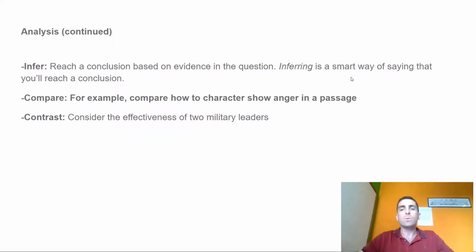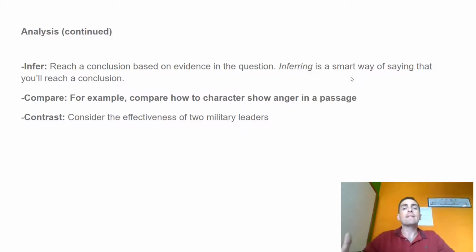Okay, analysis continued. Inference questions, inferring information. Inferring is a smart way of saying that you reach a conclusion. So if you have to make an inference on something, what you're doing is reading a piece of text. It could be fictional, a piece of prose, or it could be an informational text, non-fiction.